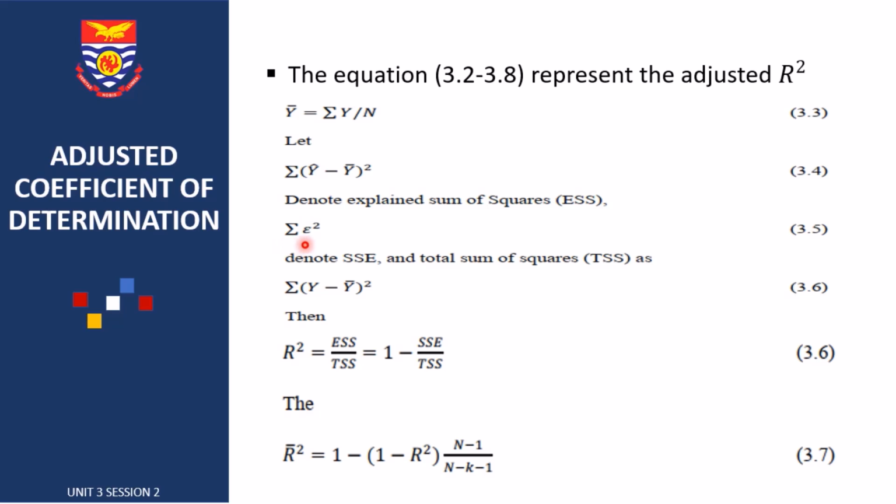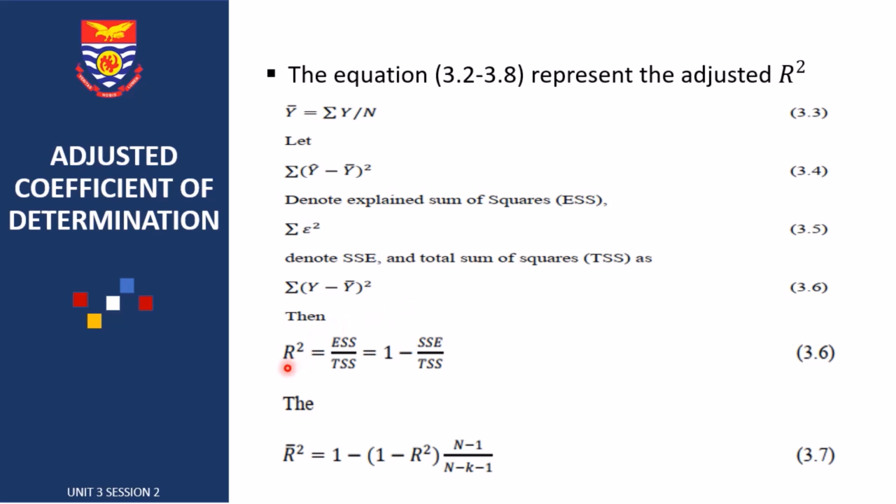This portion of the equation, which is equation 3.5, represents the error sum of squares, and equation 3.6 represents the total sum of squares, where we find the difference between the actual, which is the sum of the differences between the population regression and the average regression, that is the total sum of squares.